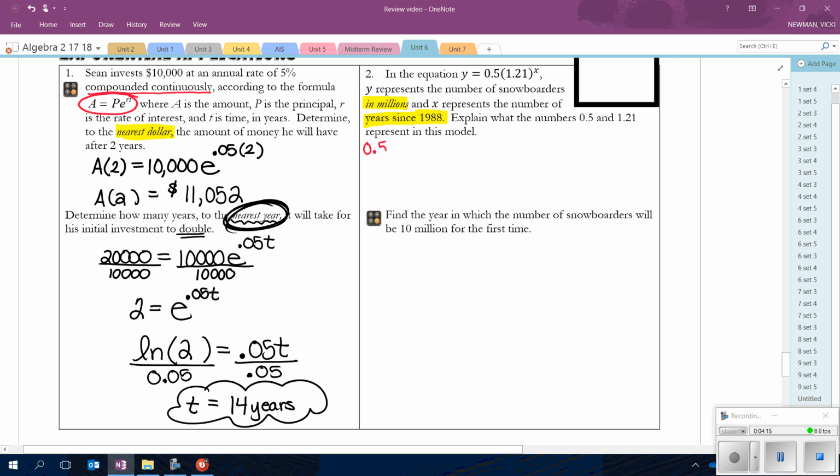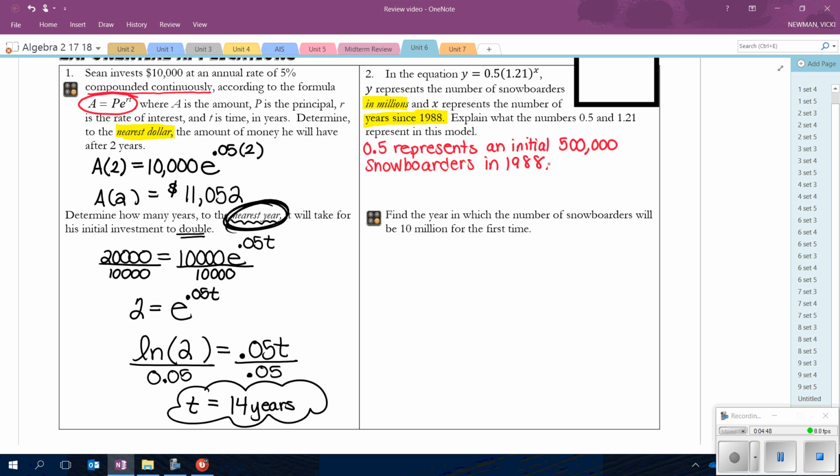So 0.5 represents an initial 500,000 snowboarders in 1988, right? That's what year they're referencing here. Okay, 1.21. Well, we know that the number in the parentheses is 1 plus the rate, right?